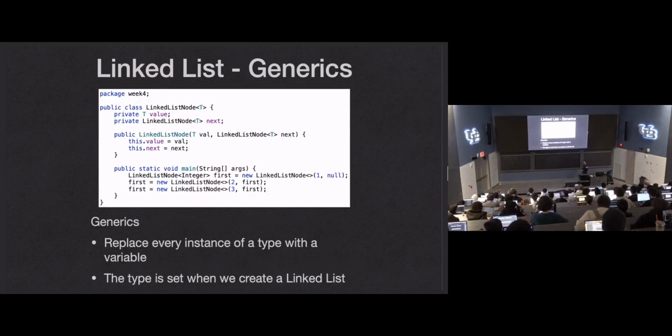We're going to rewrite our linked list node class to use a Java generic. I usually call these type parameters. In Java, they're called generics, so I'll stick with the Java terminology. But we have a Java generic, which is going to be a variable that stores a type. Usually our variables just store values.